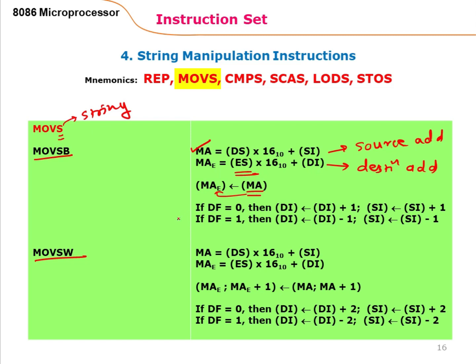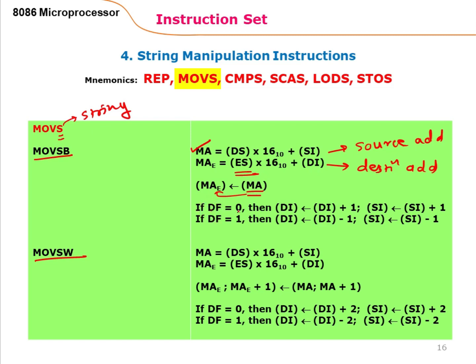With this operation, the destination index and source index are modified or updated depending upon the status of the flag register, that is the DF value.